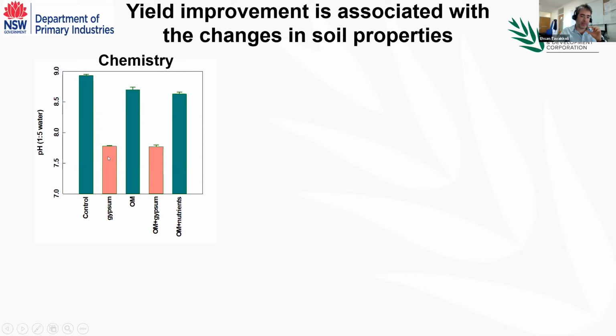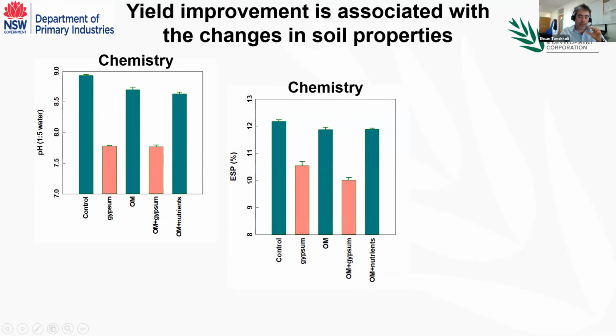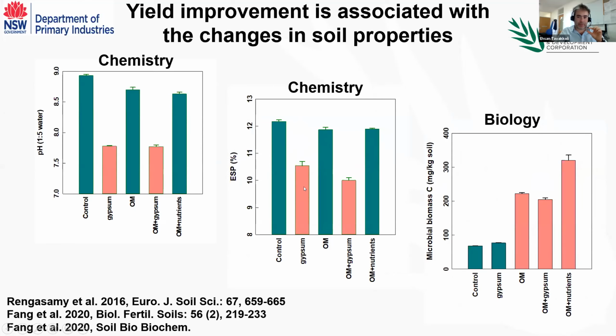It's just the gypsum effect that is making an influence there. In terms of the sodicity, you also see a very little reduction in the soil ESP by adding gypsum. Again, organic matter doesn't have a major influence. So far from the chemistry point of view, we are just dealing with the effect of gypsum.